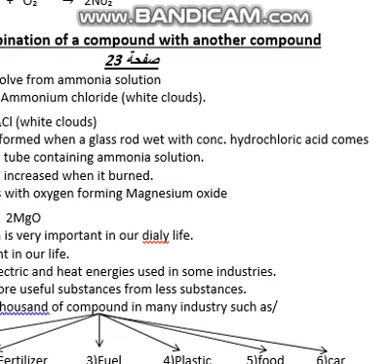White clouds are formed when a glass rod wet with concentrated hydrochloric acid comes near the mouth of a test tube containing ammonia solution. You write the answer to this question: NH3 plus HCl forms NH4Cl. Give reason: the mass of magnesium increased when it's burned because it combined with oxygen to produce magnesium oxide, and you can write the equation also.